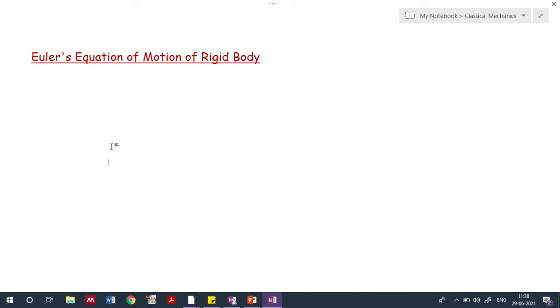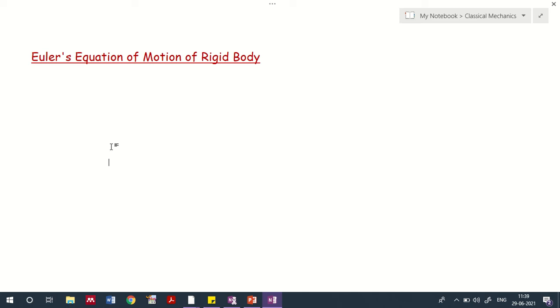Today, taking into consideration the angular momentum vector, the moment of inertia tensor, and the kinetic energy representation that we did in our last class, we are going to create Euler's equation of motion, which is related to rigid body dynamics.